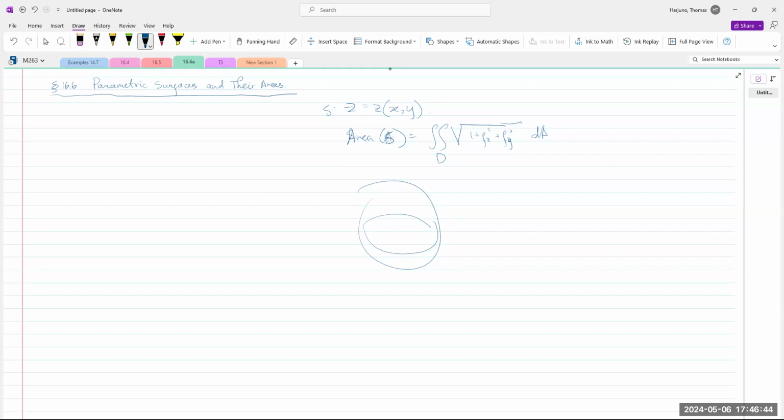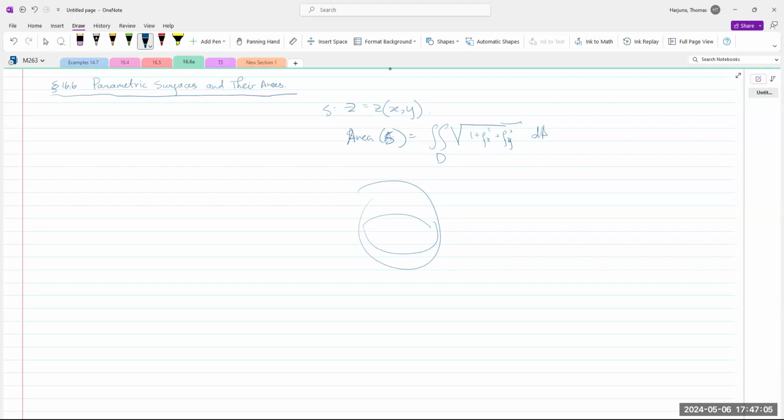A sphere, we cannot ask the volume of a sphere. We can ask the volume of a ball, because a ball means you include the interior, right? But a sphere is just the skin of a ball.